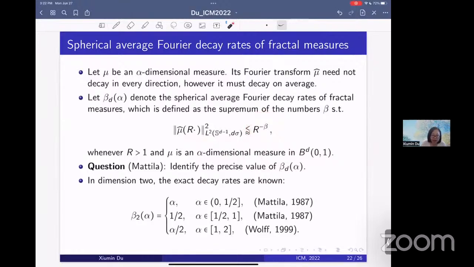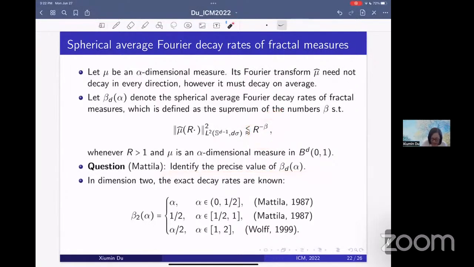The question raised by Mattila is to identify the precise value of beta d of alpha. This beta d of alpha is the optimal beta for which this decay estimate holds. So beta d of alpha represents the spherical average Fourier decay rates of all alpha-dimensional fractal measures.